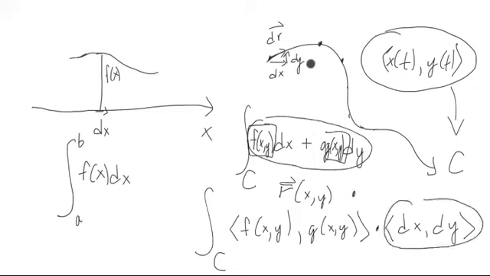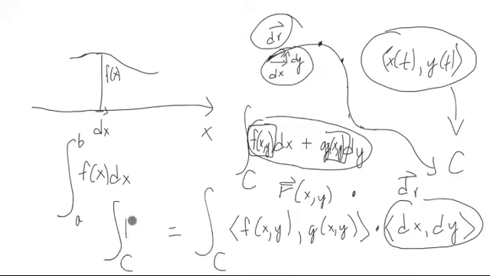Now, this vector is the same as dr. Notice we have it right here, dr. So another way of writing this integral, which is along the curve, called a line integral along the curve c, is simply to write f dot dr, where we're literally taking a dot product. But all we're really doing is taking two integrals, one along the x and one along the y, and adding them together. There are various ways of thinking and writing it down.